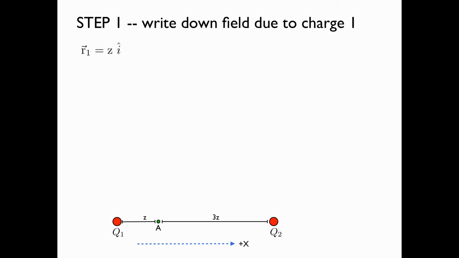So here, R1, which is the vector that points from charge 1 to the point A, is plus z in the x direction. Here, instead of using vector notation, I use the i hat, j hat, k hat notation to keep track of the different components of a vector. Now the formula for the electric field is the same one we used in the previous video.